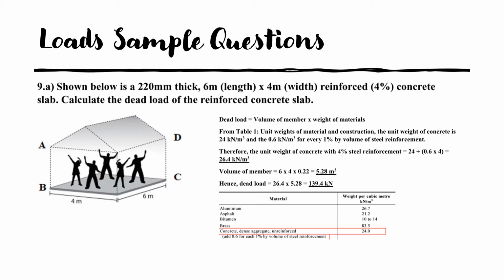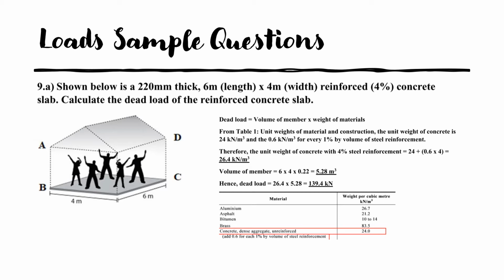Therefore, for the concrete slab with 4% of steel reinforcement, as the question mentioned, the unit weight will be 26.4 kilonewton per cubic meter.